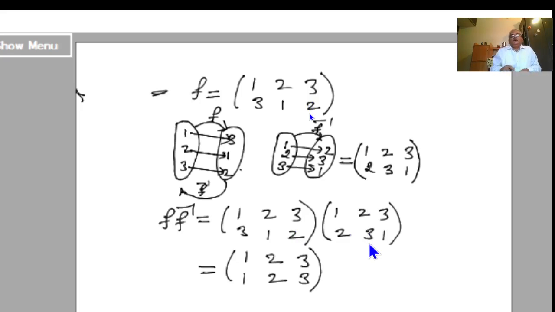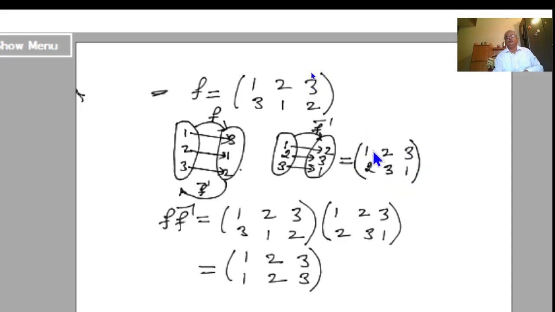So what we are doing here is to find F inverse. See here, the first row is 1, 2, 3. Second row is 3, 1, 2. And this is my F inverse.